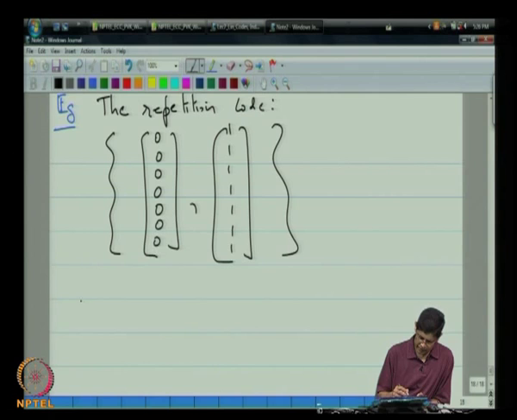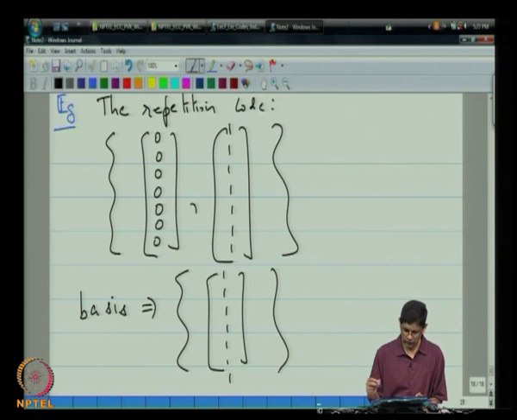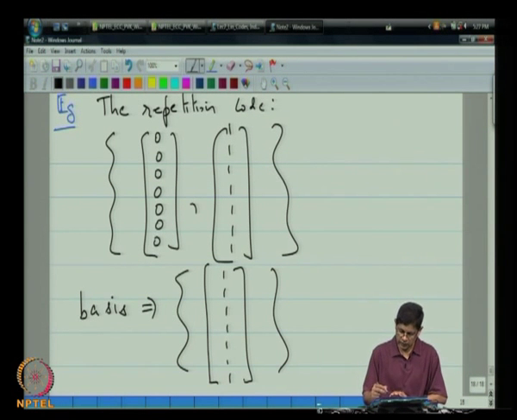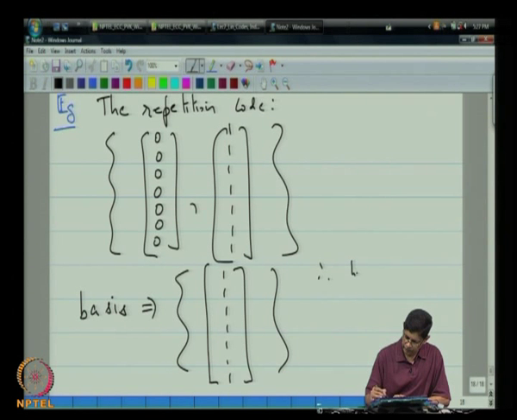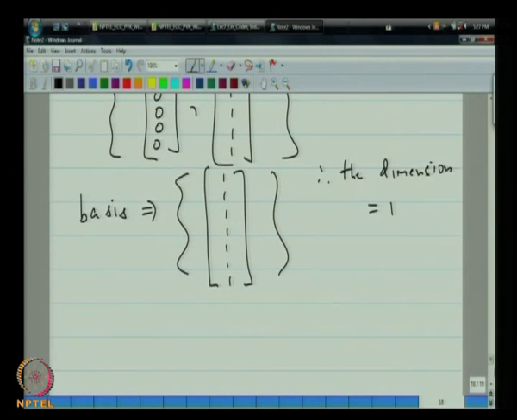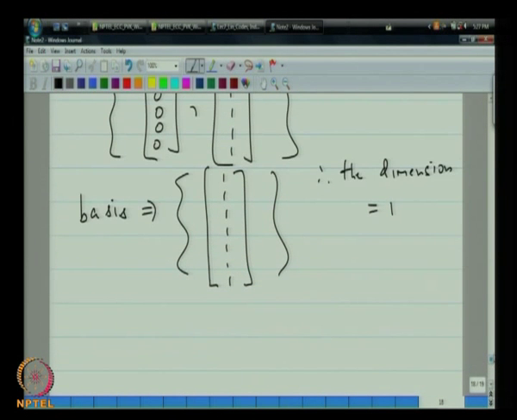So, clearly a basis for this code is just the vector of all ones. Therefore, the dimension equals 1. Now, just a quick note here. This is an instance where the code has block length 7 and dimension 1.